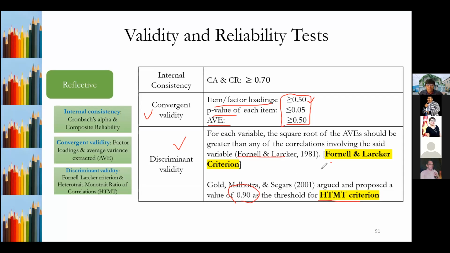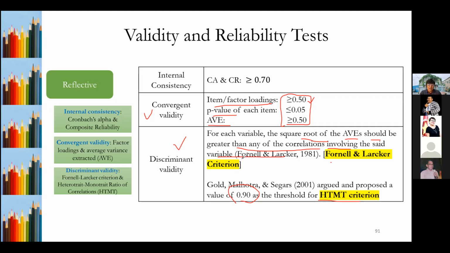Okay? For Fornell-Larcker criterion, paano natin measure yung discriminant validity? The requirement is for each variable, the square root of AVEs should be greater than any of the correlation involving the said variable. Okay? So what does it mean? In Fornell-Larcker criterion, later papakita ko naman yung example, titignan natin yung diagonal values at yung diagonal values kailangan mas malaki yung values nila kaysa sa mga off-diagonal.